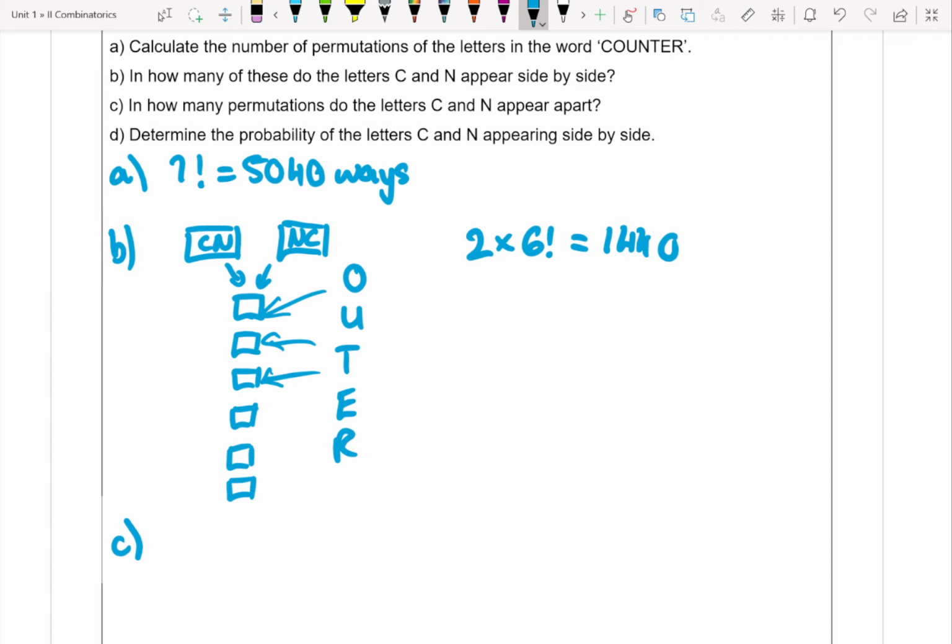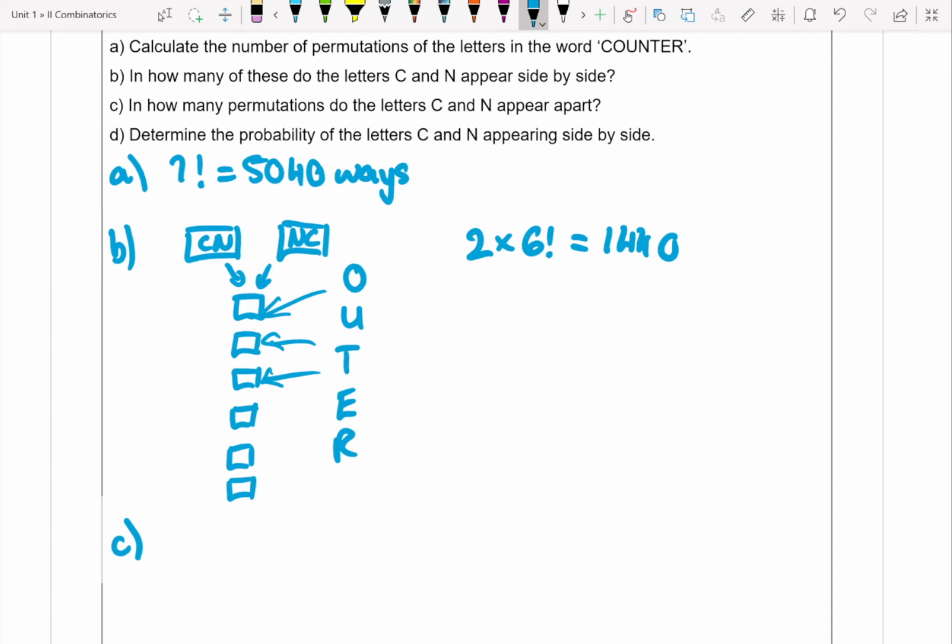Part C. In how many permutations do the letters C and N appear apart? So what we want to do there is take our total number of arrangements that we found in part A and subtract the instances where they're together.